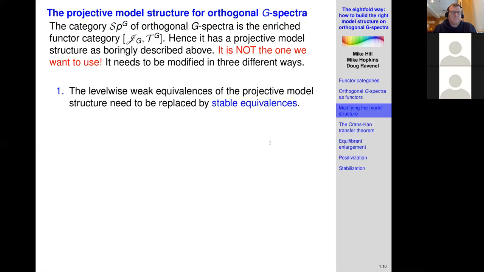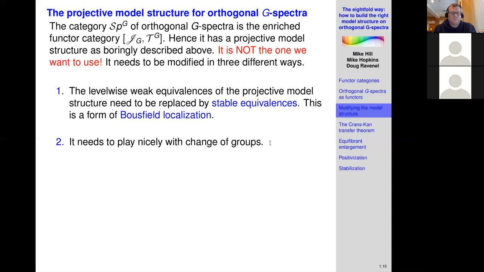We want a much looser notion of equivalence: stable equivalences. I'll say more about this at the end of the talk, but passing from the projective model structure, where weak equivalences are defined in a very rigid way, to stable equivalences is actually a form of Bousfield localization. I'll get to that later.